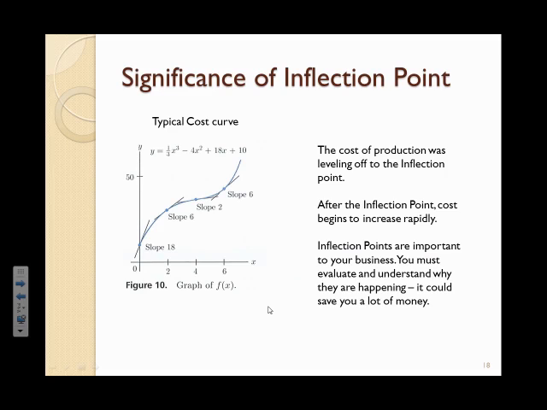We notice that up to the inflection point, the rate or the marginal cost is steep here, and it becomes less steep. The slope is 18, it keeps going down until it gets to 2, then it starts going up again. Well, you're interested in this point here when it changes. You like it when your costs slow down, and the difference between here, producing from 0 to 2, is pretty great.